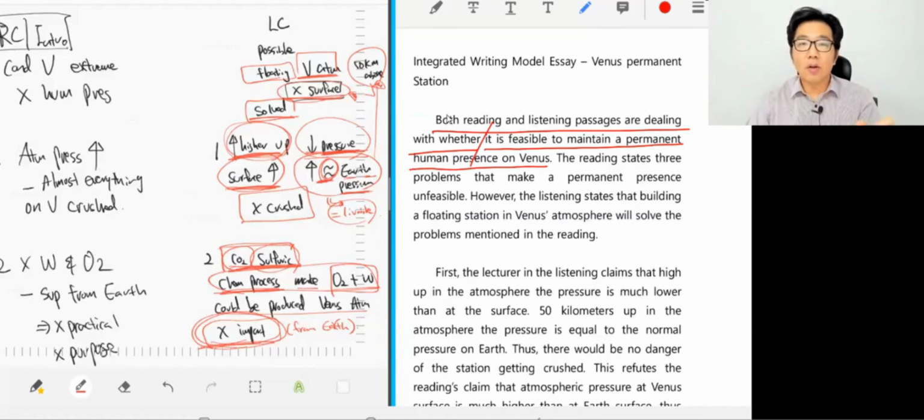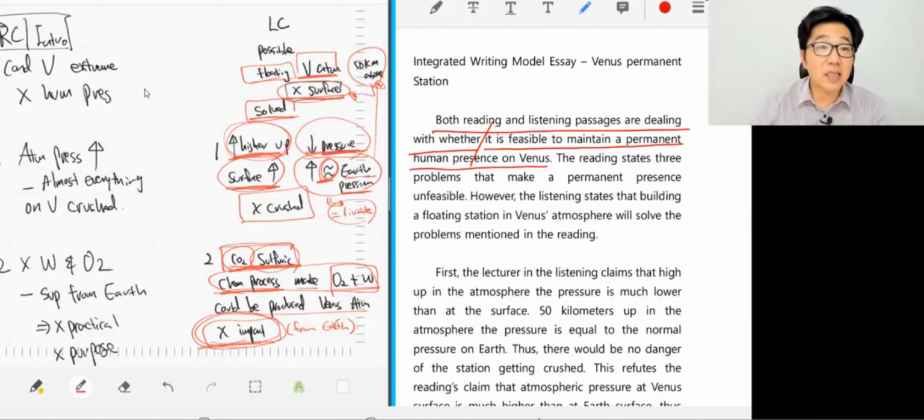So the topic of discussion is whether it is feasible to maintain a permanent human presence on Venus or not. We need to catch and write that in there. And the template is: both reading and listening passages are dealing with whether it is possible to maintain permanent human presence on Venus, okay?